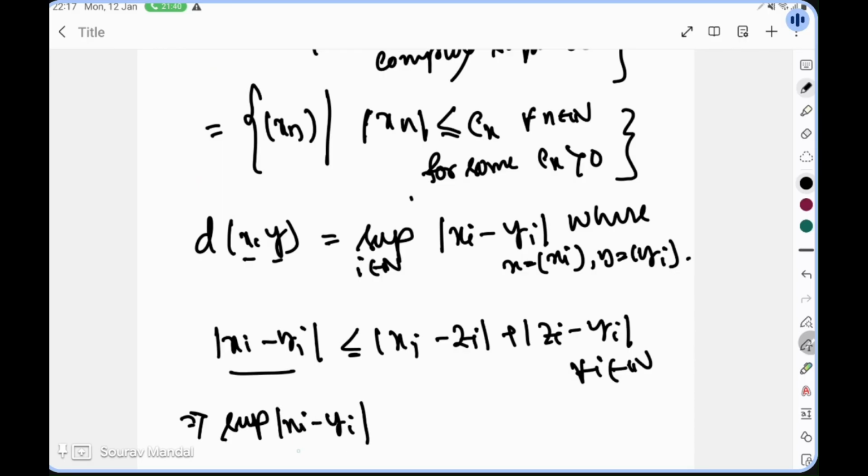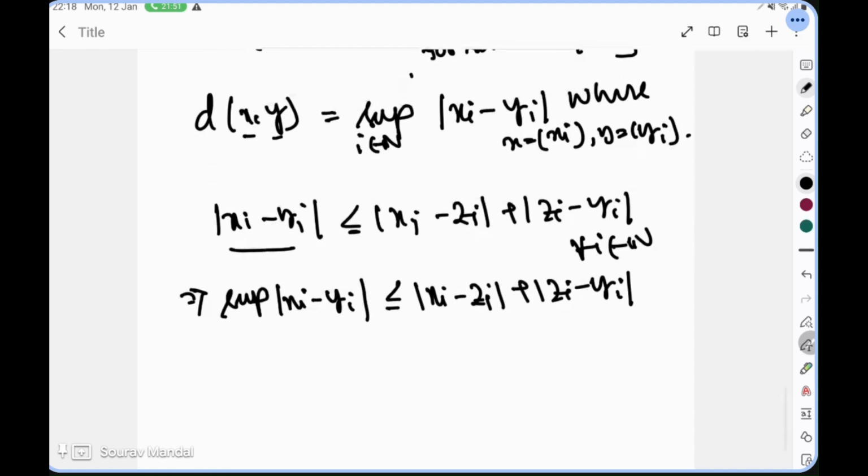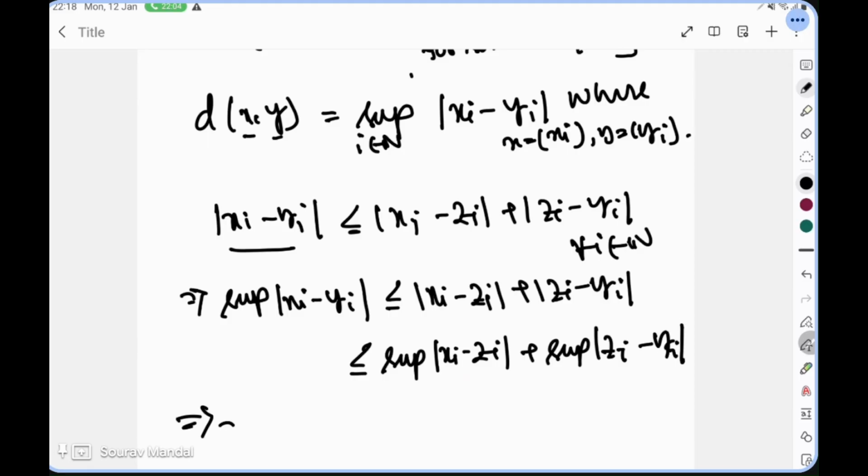You are fixing the left hand side. It is obviously less than or equal to |x_i minus z_i| plus |z_i minus y_i|, and it is obviously less than or equal to the supremum of |x_i minus z_i| plus the supremum of |z_i minus y_i|. So d of x,y is less than or equal to d of x,z plus d of z,y.